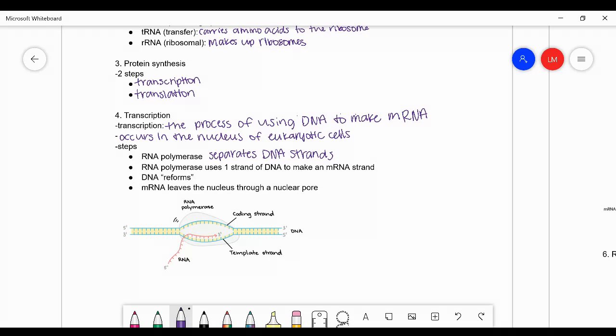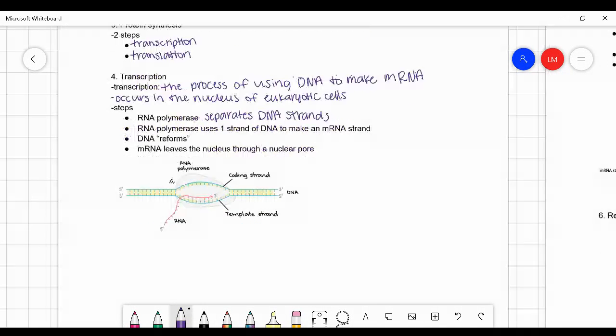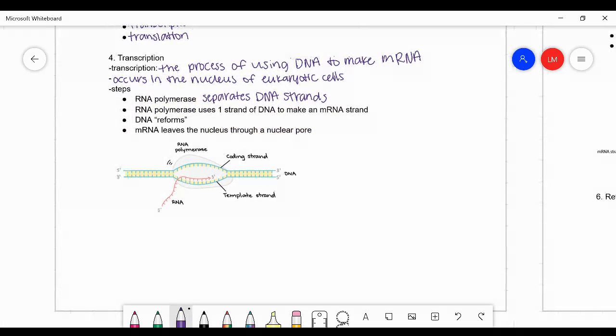Then that enzyme, RNA polymerase, uses one strand of DNA to make an mRNA strand. Then the DNA will reform, so it's been separated, it's going to be put back together, and then that mRNA is going to leave the nucleus through a nuclear pore. And so here is a little picture of that process happening.